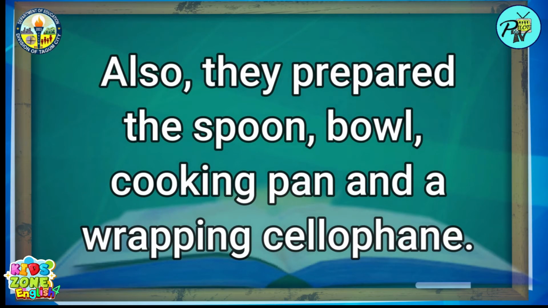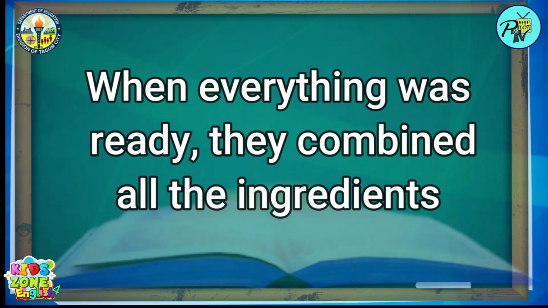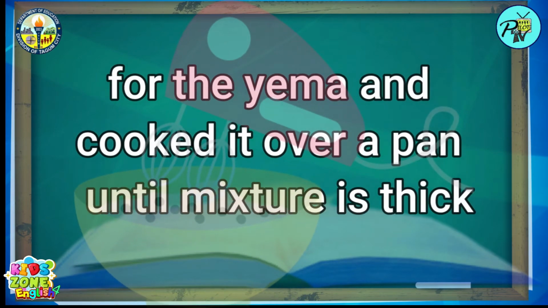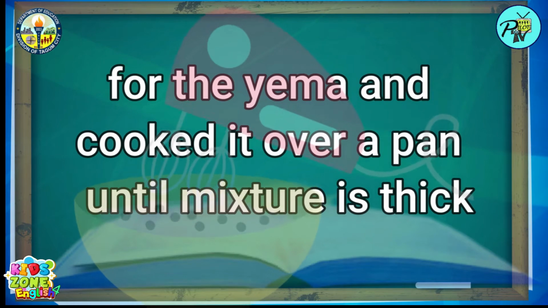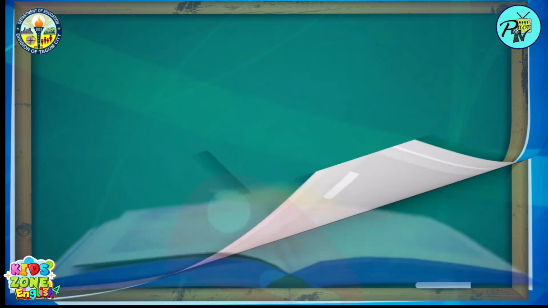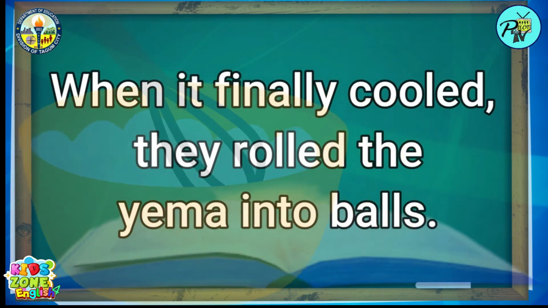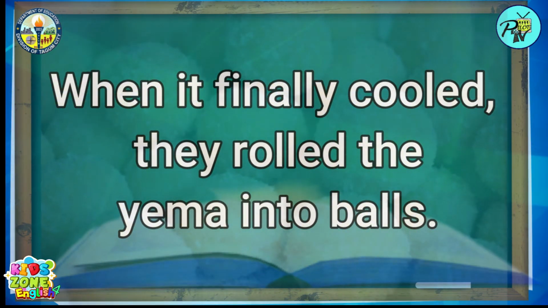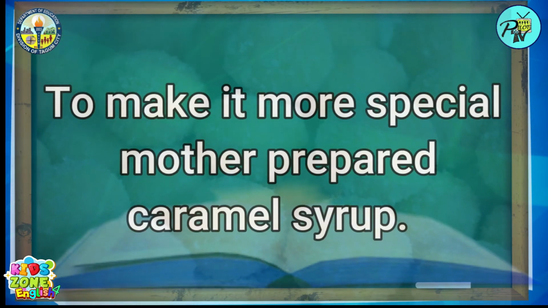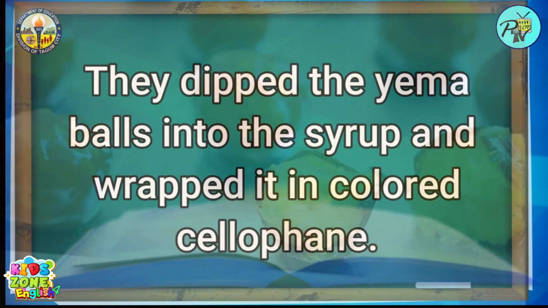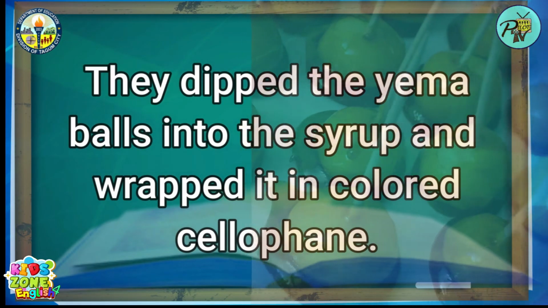Also, they prepared the spoon, bowl, cooking pan, and a wrapping cellophane. When everything was ready, they combined all the ingredients for the yama and cooked it over a pan until the mixture is thick. They set it aside to cool. When it finally cooled, they rolled the yama into balls. To make it more special, mother prepared caramel syrup. They dipped the yama balls into the syrup and wrapped it in colored cellophane.